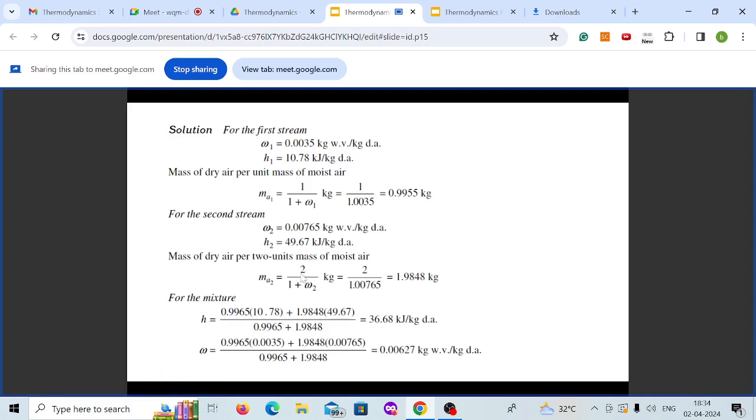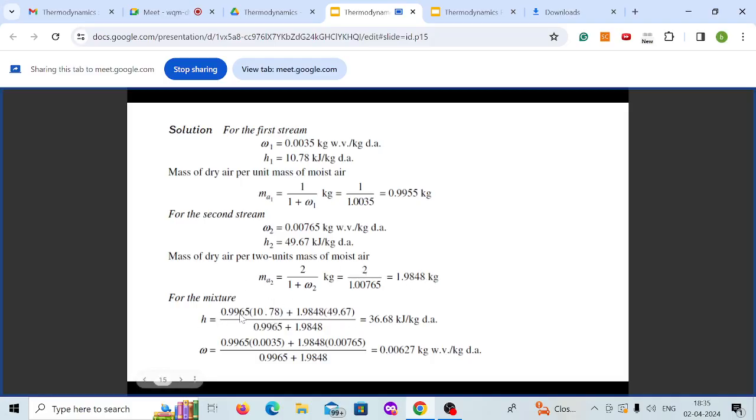So you are taking 2 times the dry air, so 2 into 1 plus omega 2. This gives you 1.9848 kg. So you are mixing 0.9955 kg of dry air with 2 times the second dry air, so 1.9848 kg of the second stream.